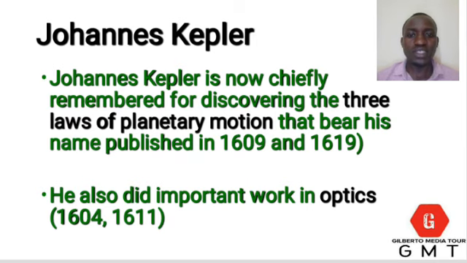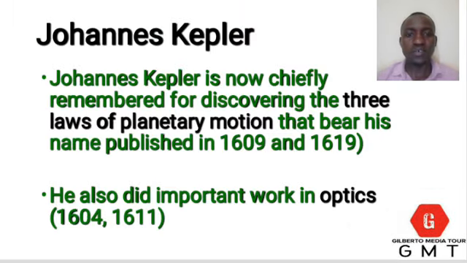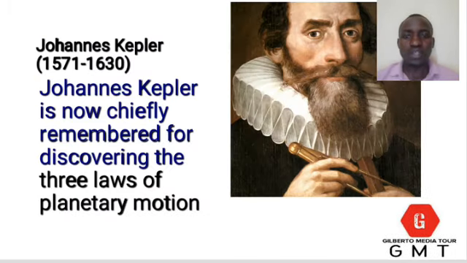He also did important work in optics. Kepler is a very useful scientist for our education today, even in the future. Kepler's laws of planetary motion are very important and very useful.